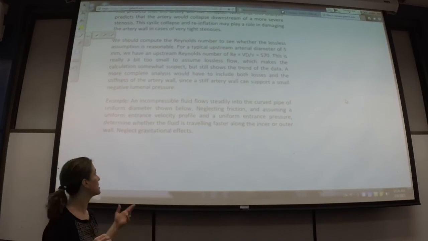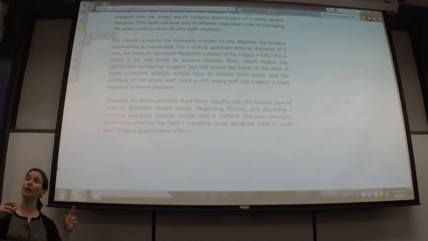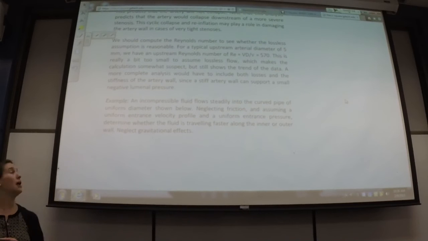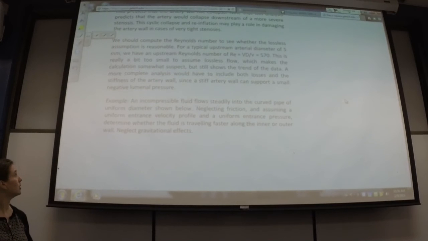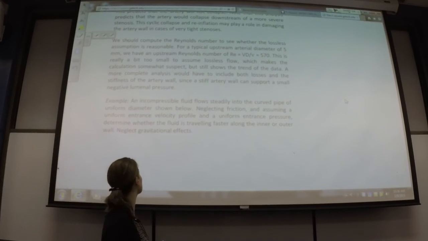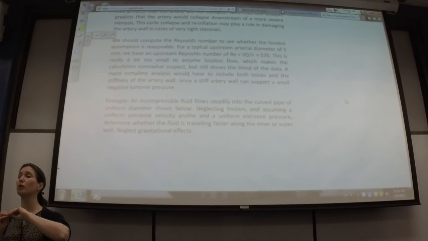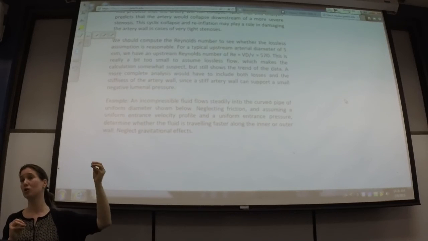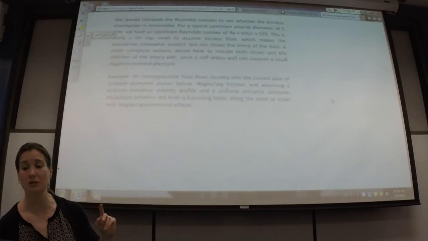So if we consider this incompressible flow steadily in a pipe of a uniform diameter, and we want to neglect friction and assume a uniform entrance velocity profile and a uniform entrance pressure, the question is, is the particle going to move faster if it's along the inner or the outer streamline? And it's specifically asking us to neglect gravitational effects.